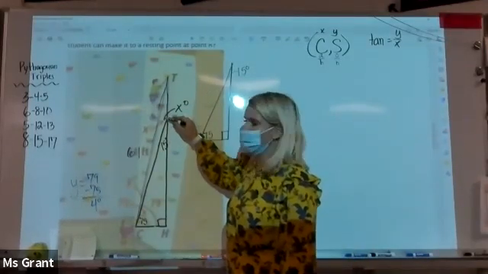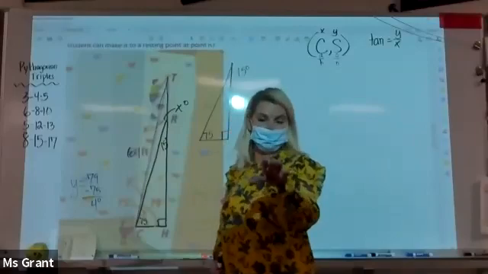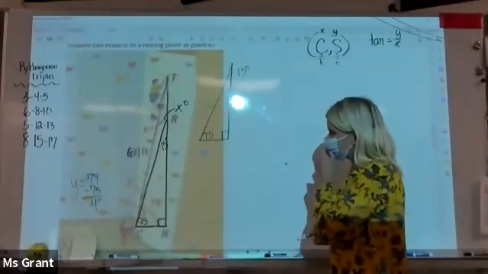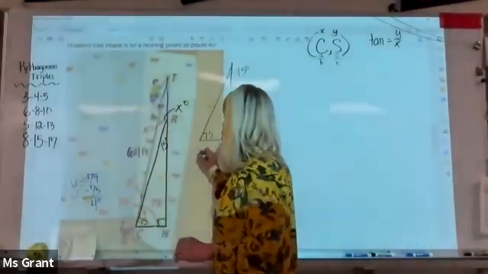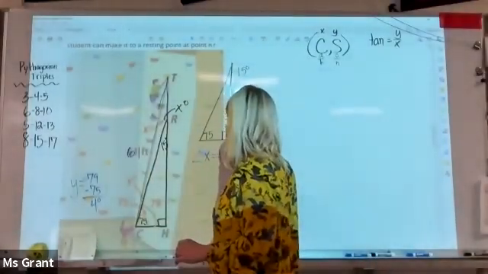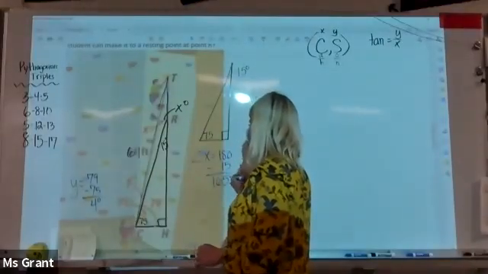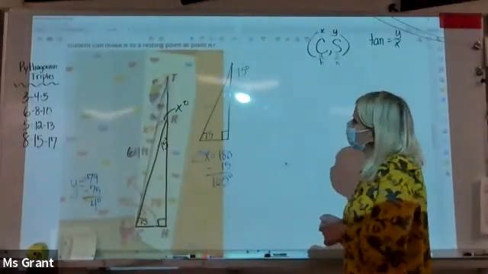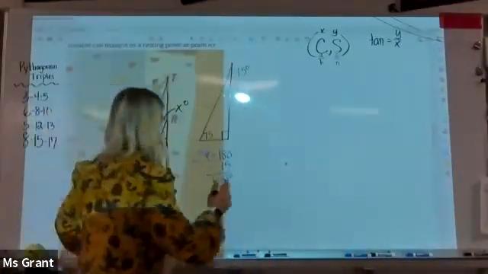What is it? 165. So angle X equals 180 minus 15, which is 165 degrees. Okay? So that's good. So here's what I've got.